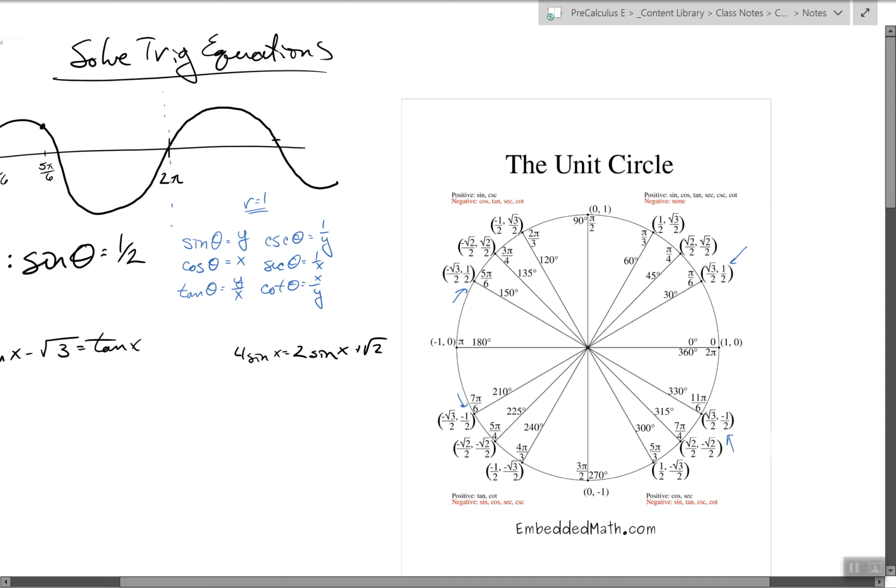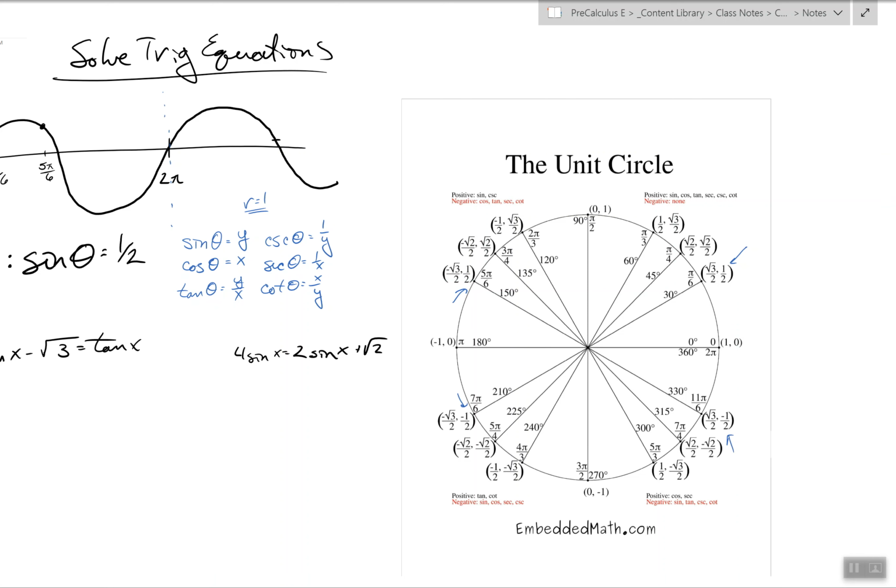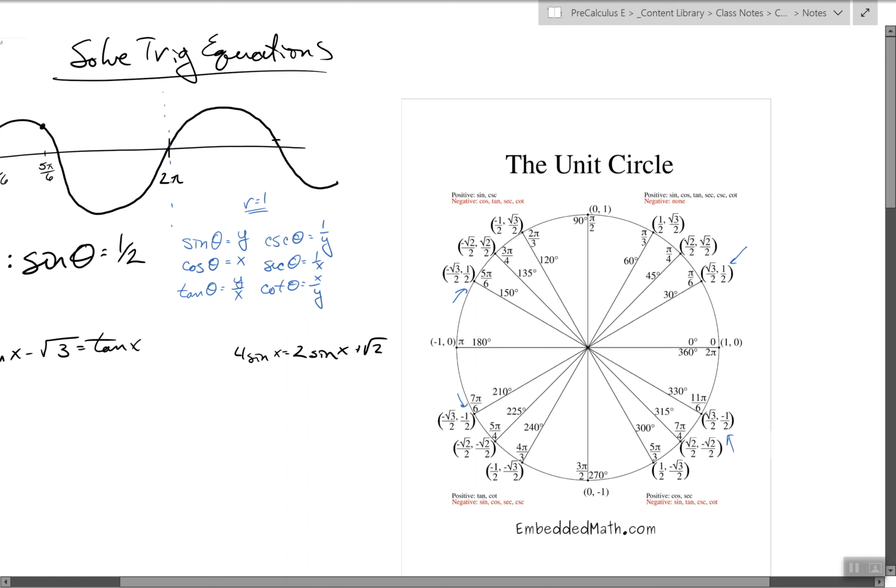We do need to be very careful with the positive and negative signs. The problem asks just for 1/2, so a positive 1/2, which means two of these answers, in the third and fourth quadrant, don't work. They give us negative 1/2. So we actually don't want those two values.